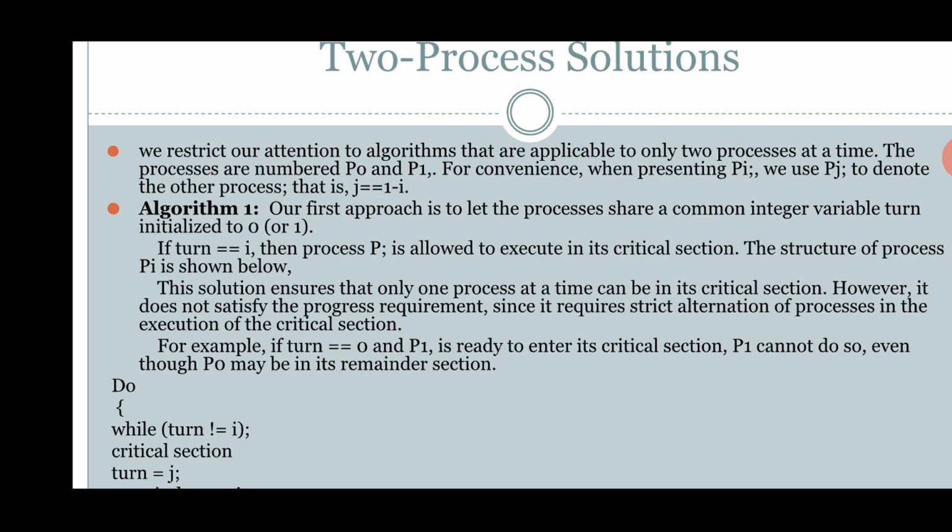Based on the values assigned to the flag variable, we can conclude what kind of things are happening in the system. The same concept is available in this algorithm as well. If turn equals i, then process Pi is allowed to execute in its critical section. So turn is a kind of flag variable.